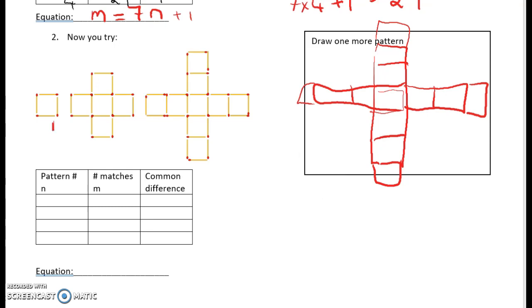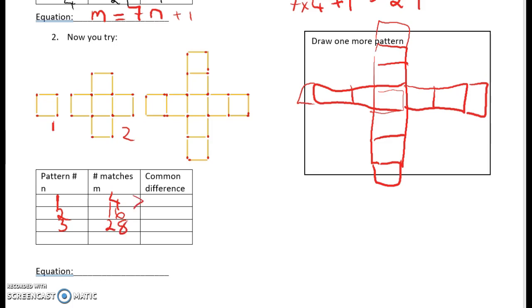So for my pattern number 1, I needed 4 matches. For my pattern number 2, I needed the 4 there, 5, 6, 7, 8, 9, 10, 11, 12, 13, 14, 15, 16. For pattern number 3, I needed 28. Okay, so what is my common difference?